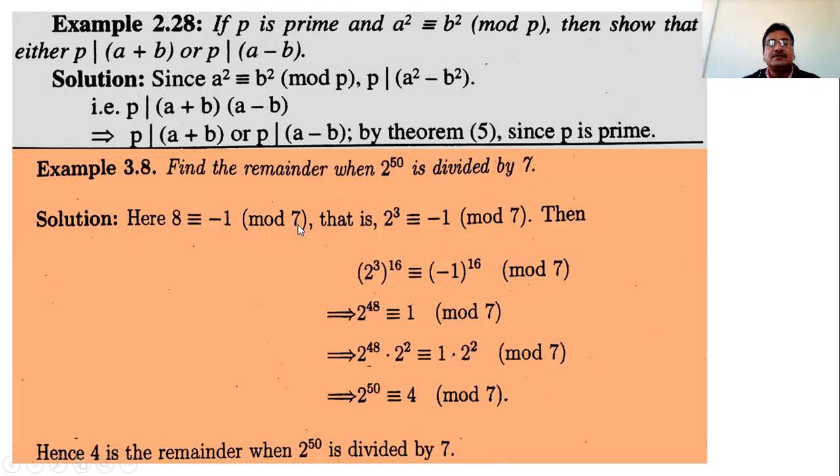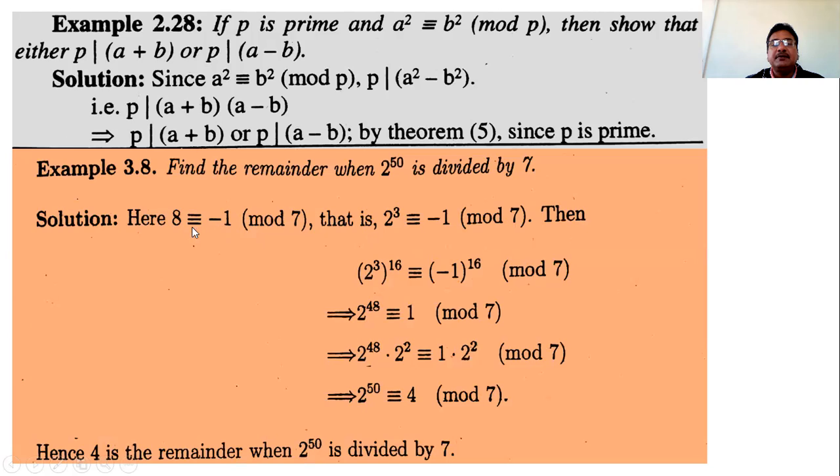Because 7 divides 8 minus 1, which is 7. So 8 is congruent to plus 1 modulo 7.